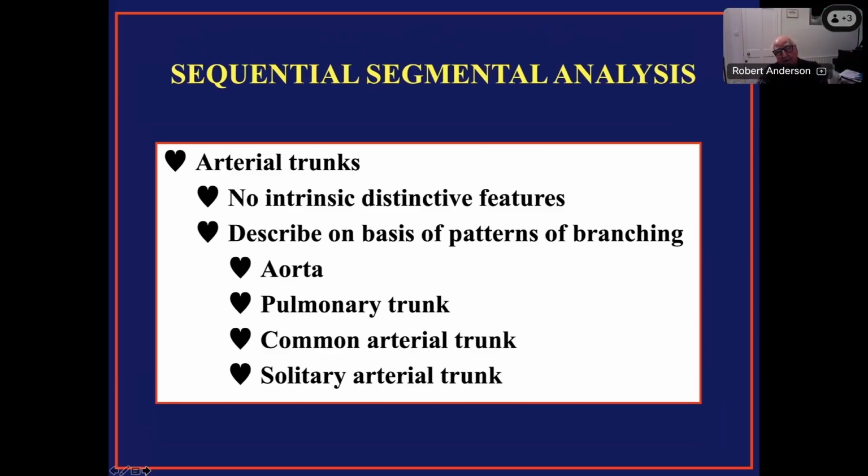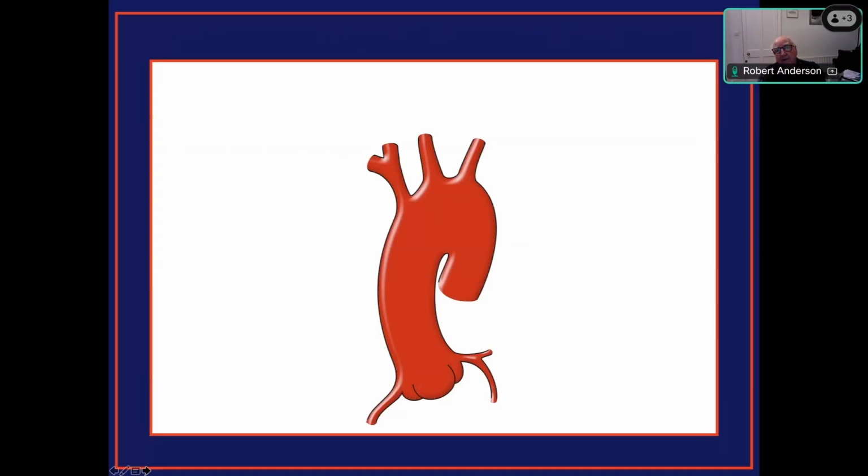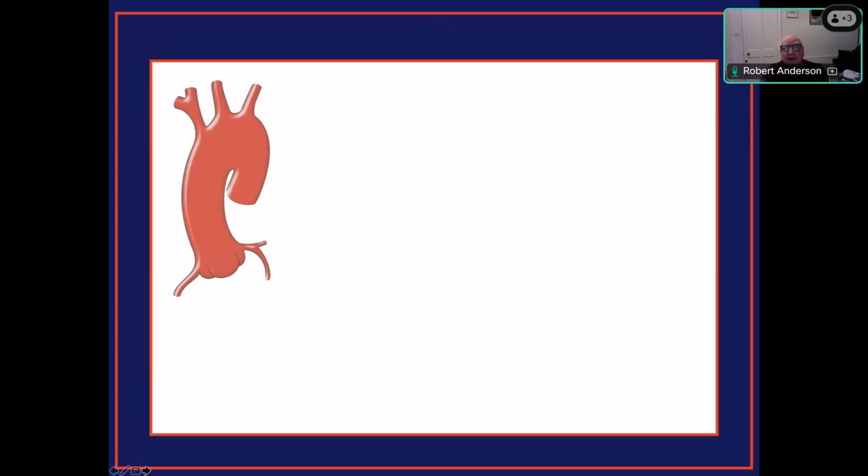Now, when we come on to the arterial segment, we have a problem because there are no intrinsic features that tell us the difference between one or another arterial trunk. They are all arterial, but we can distinguish them on the basis of the way they branch. So the trunk that gives rise to the coronary arteries and the brachiocephalic arteries is the aorta.